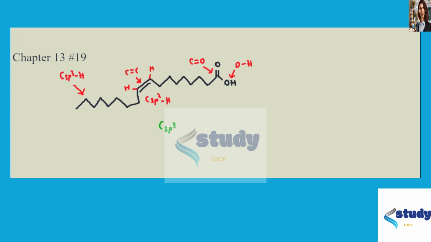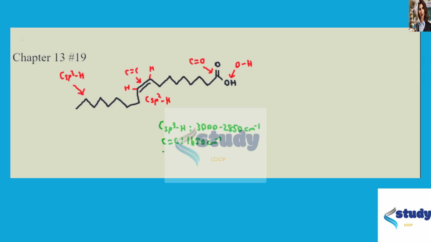The sp3 C-H is going to show at 3,000 to 2,850 wave number. Next, our carbon-carbon double bond is going to show at 1,650 wave number.